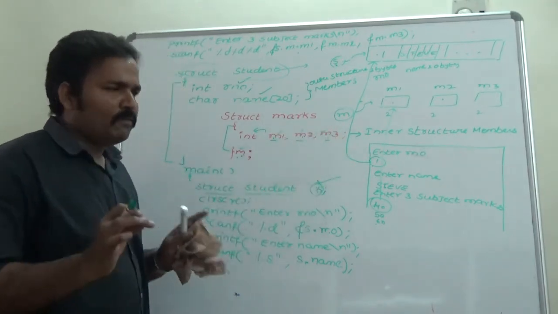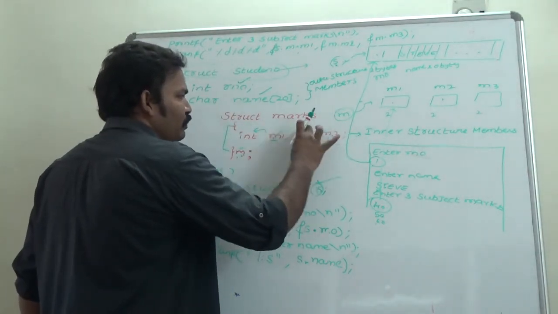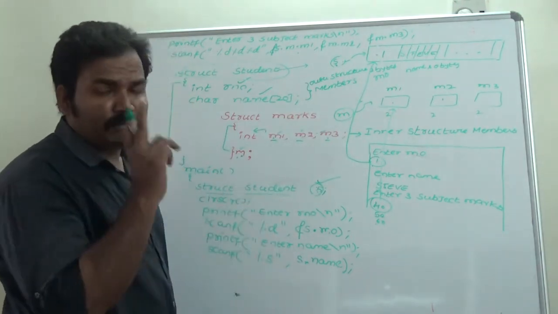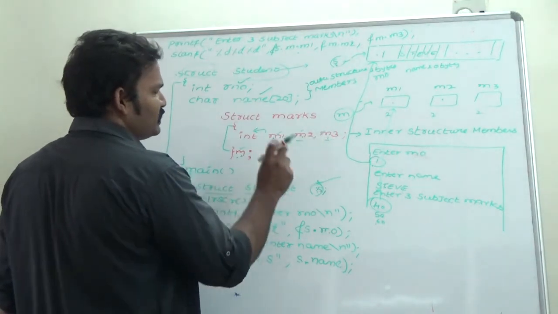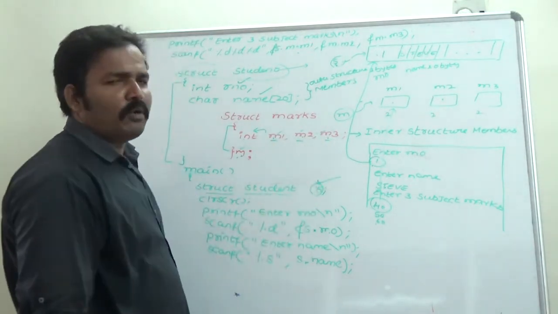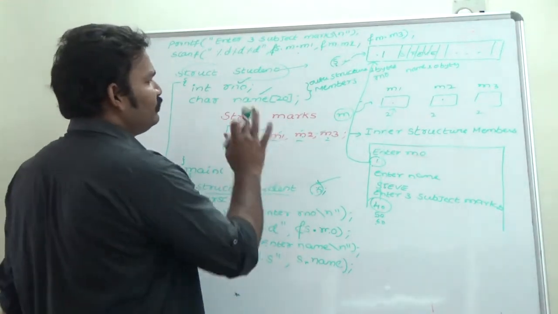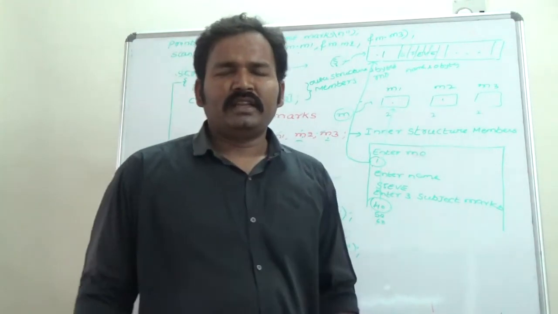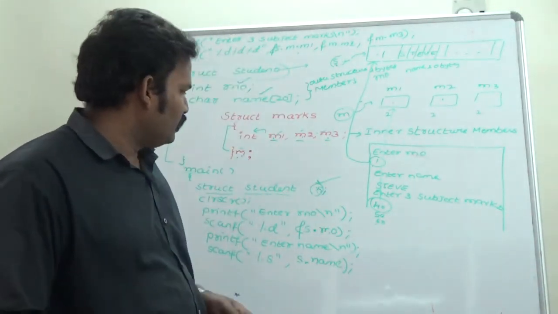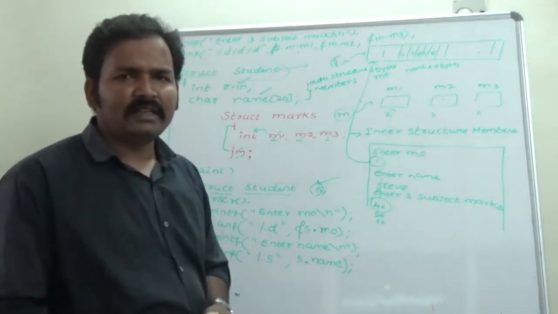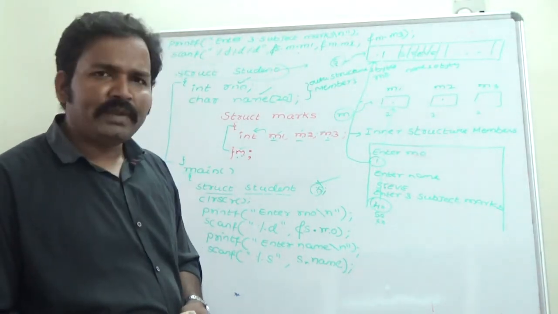Remember only one point: whenever you want to access inner structure members, they are accessed with the outer structure object, direct access operator, inner structure object, then member name. Clear? That is about reading the data. Up to now we have completed how to read the data. Now we will see how to print the data.